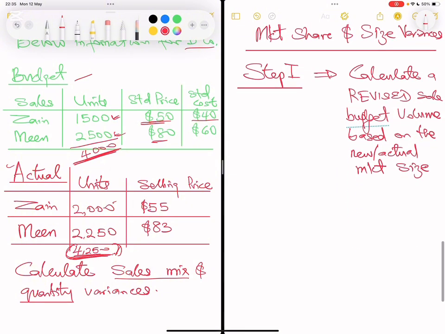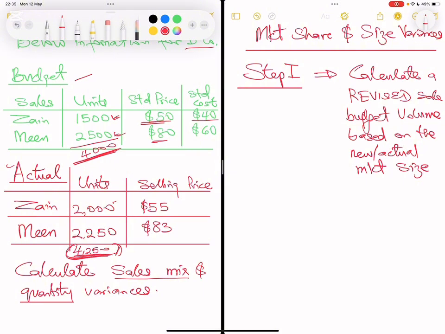Because what we're saying is that, okay, when we did a budget, we expected the market to have a particular size. So our budget would have represented a particular proportion of the market. So if we are able to sell the same proportion in the market, that means we have kept our market share. But if the actual volume, the actual quantity that we sold, is different from the revised volume based on the new market, then that means our market share has changed.